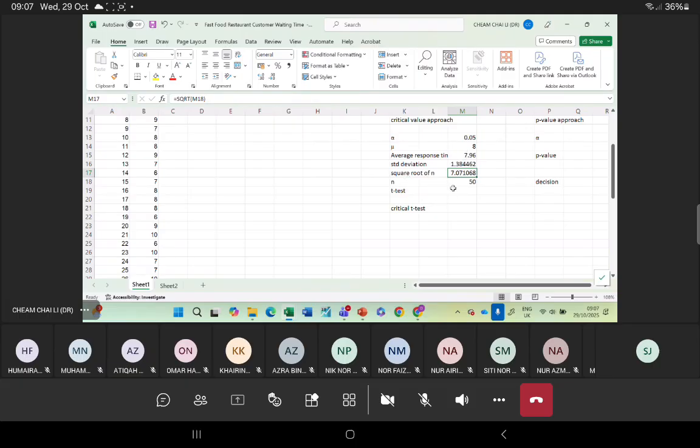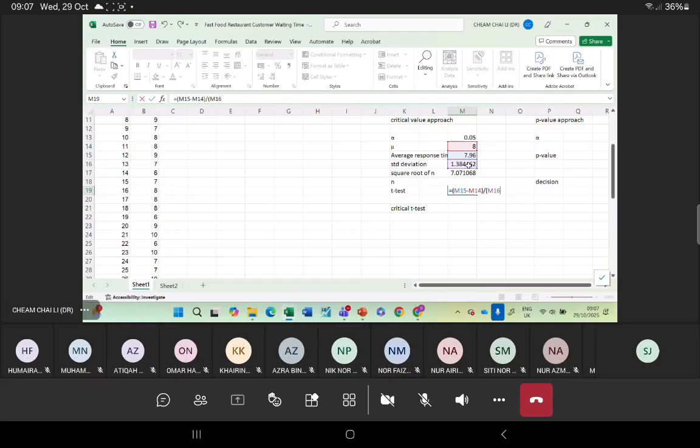And then for the t-test, you're going to calculate the t-test statistic. So open bracket, you have the average response time minus mu, right? Close the bracket, divide by S, this is S. Divide again, you need to open the bracket.